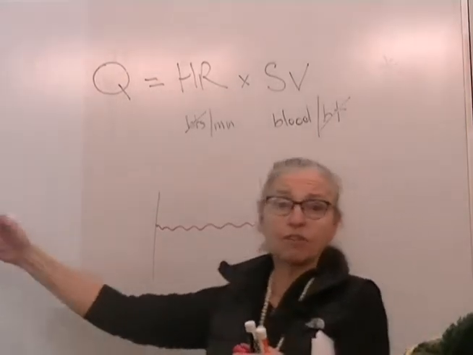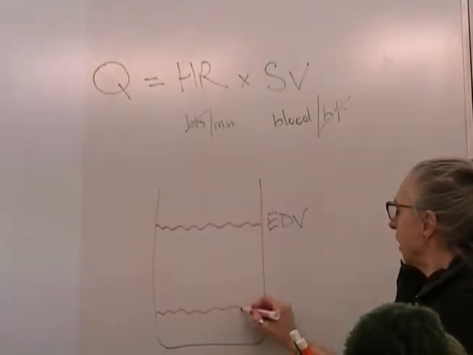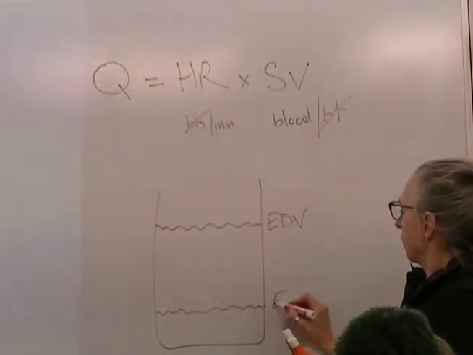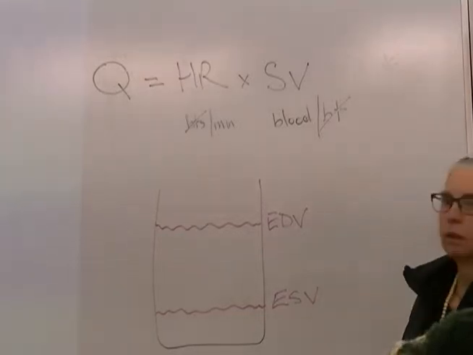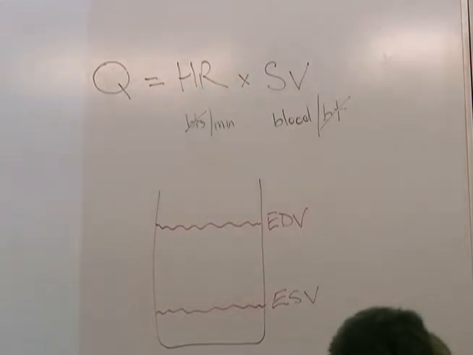End systolic volume then is how much blood is left in the heart at the end of the contraction phase. You never get 100% of the blood out. There's always some left. Okay?